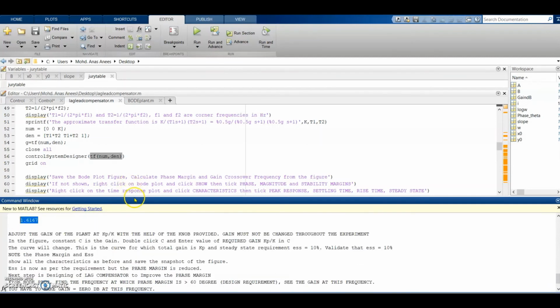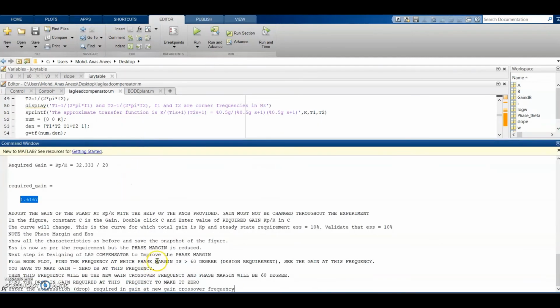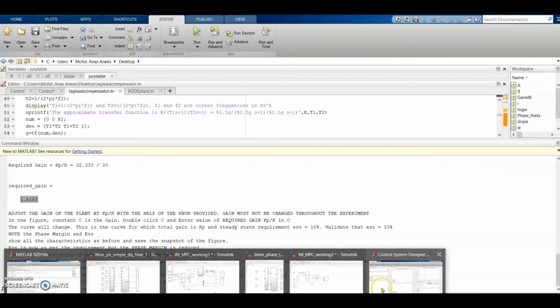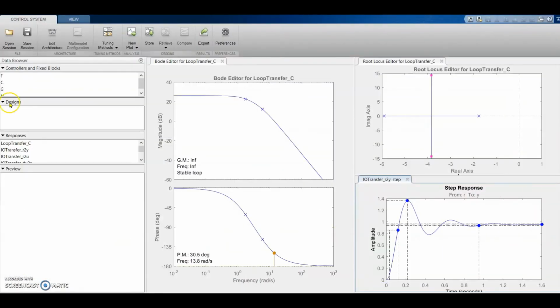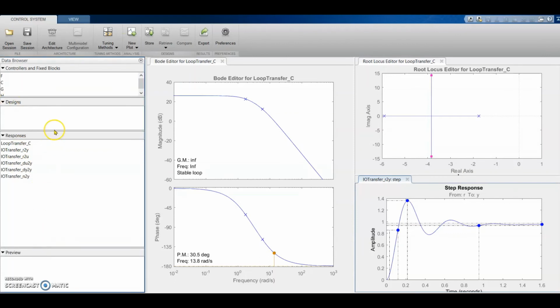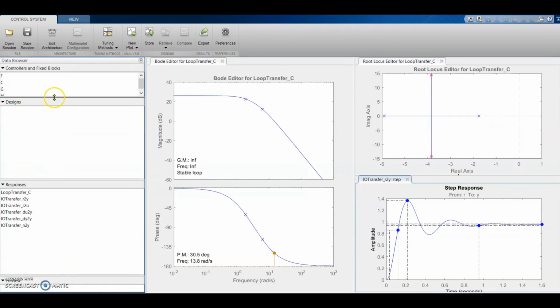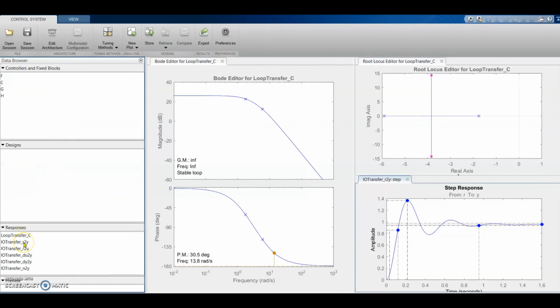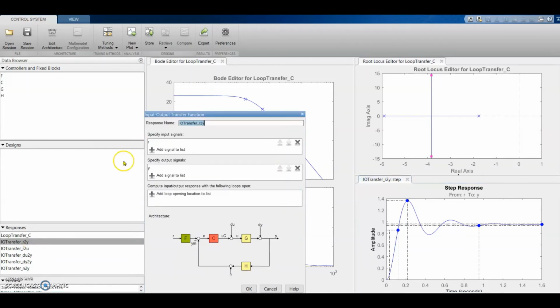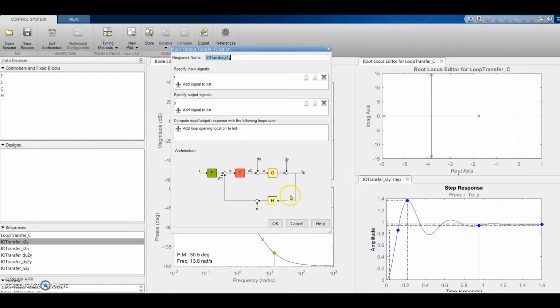So how will you do this? For this we have to go to the Control System Designer again. Here we have a very wide number of options. We can find out various transfer functions. The transfer function we are interested in is R2Y. So double click this. This is our transfer function.